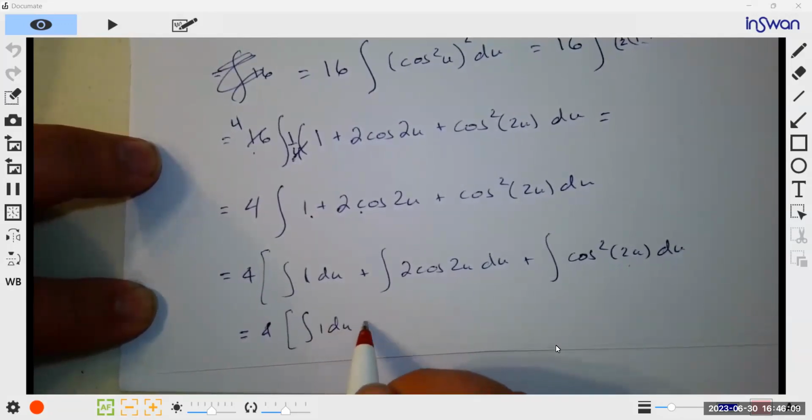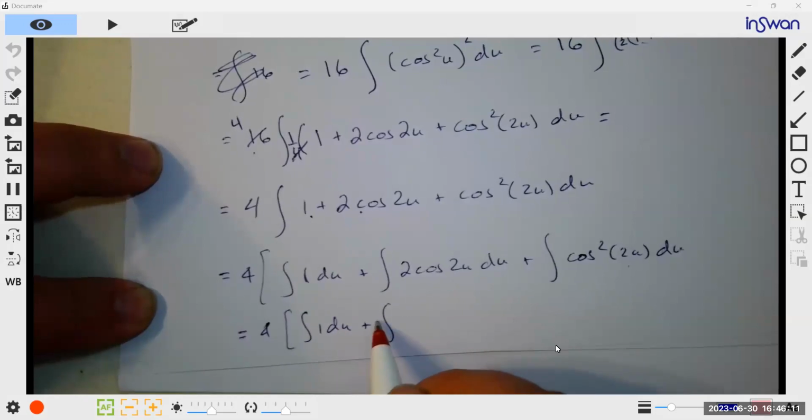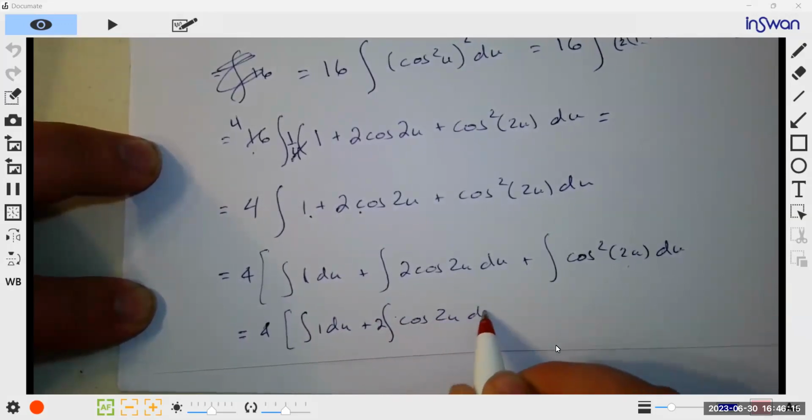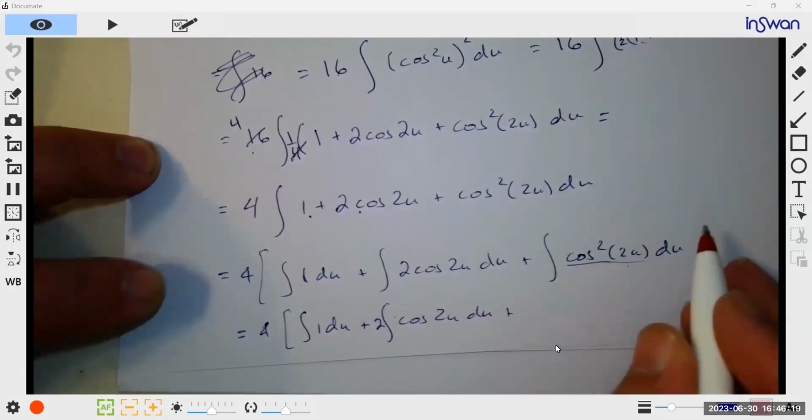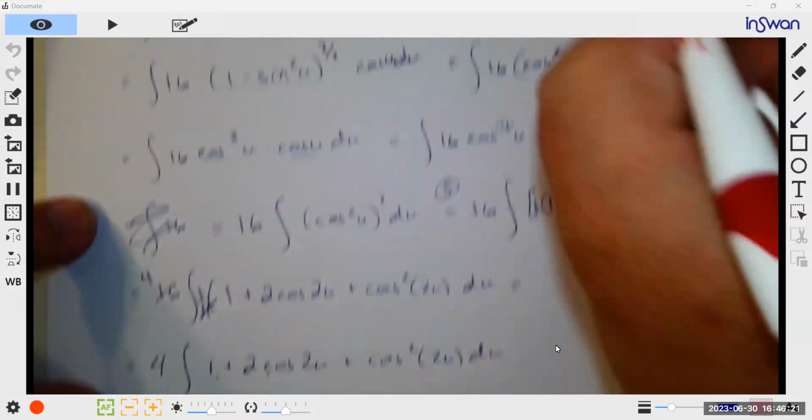So 1 du, 2 cosine 2u du, and cosine squared 2u, a double angle.